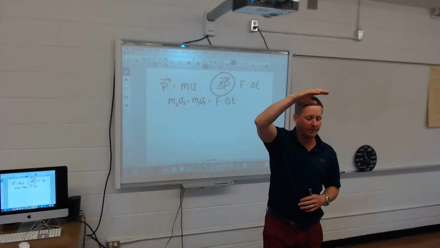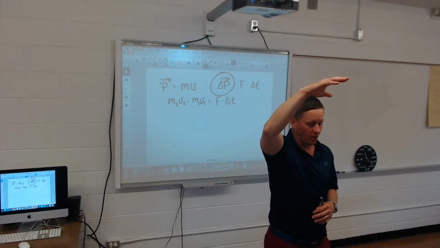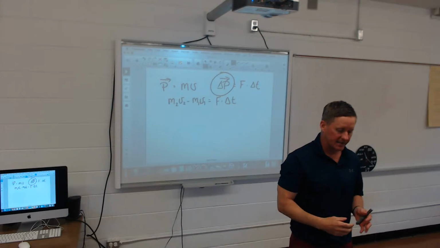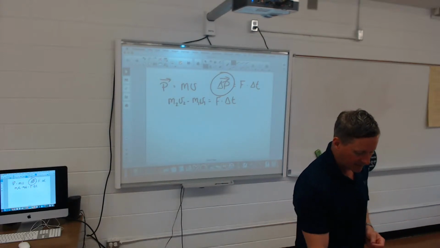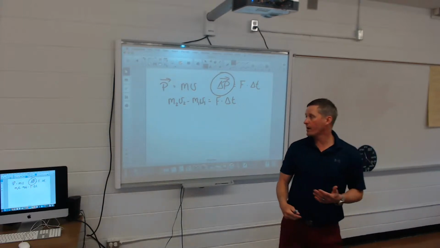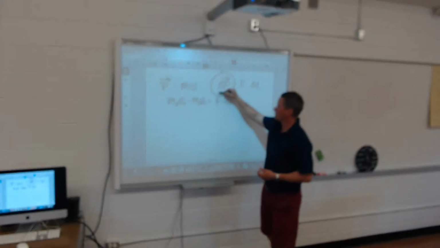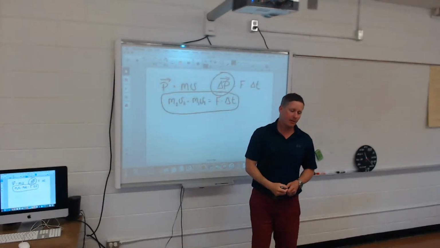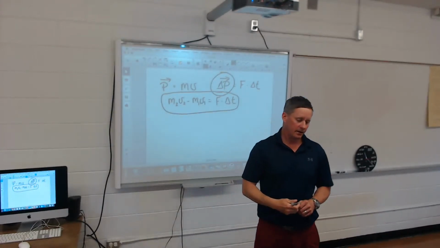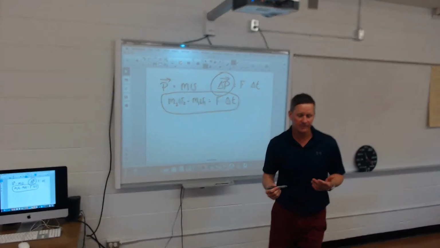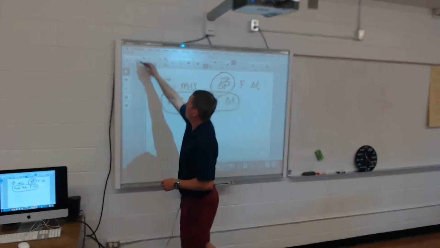But as you go up, you're losing momentum because you're losing your gases, so that's some of your mass. So what we are going to do is simply work with how change in momentum and impulse affect each other, and look at a few different examples of how it works.